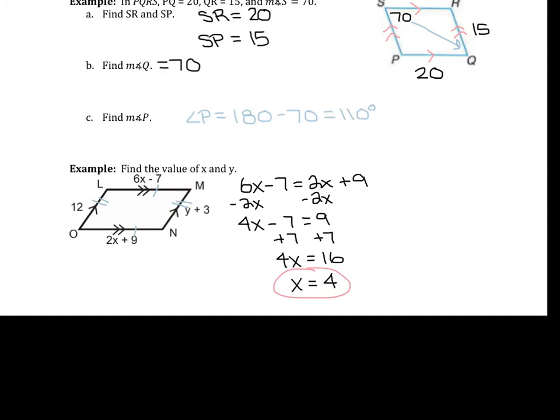Then for Y, MN equals LO, so Y plus 3 equals 12. To solve for Y, I subtract 3 from both sides and get Y is 9.